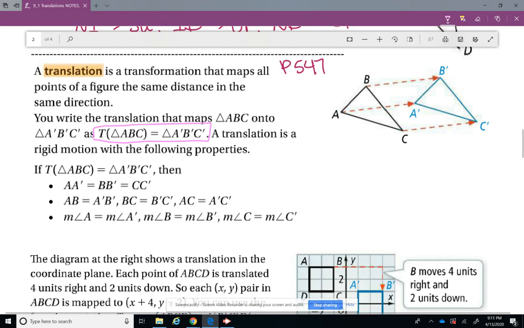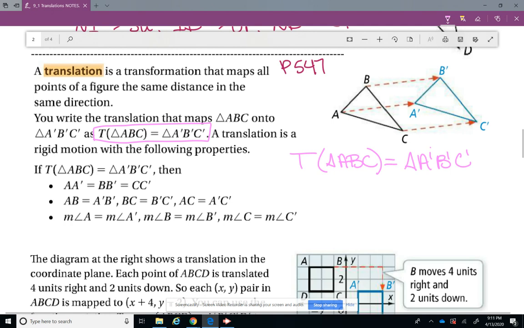Capital T means translating. I'm going to translate triangle ABC, and when I do that, I come up with triangle A prime, B prime, C prime. That's how it's written. That lets me know I'm translating something.